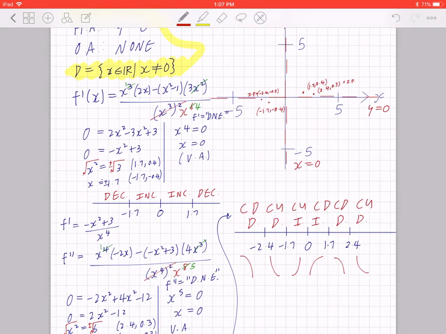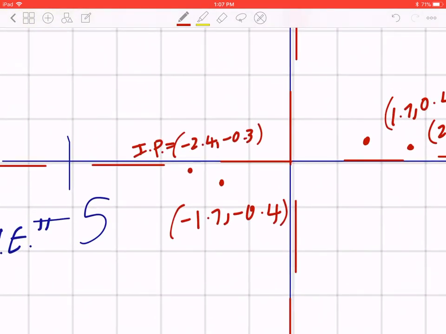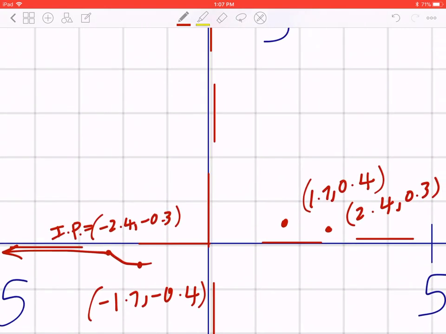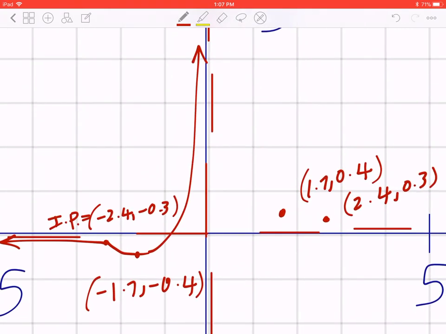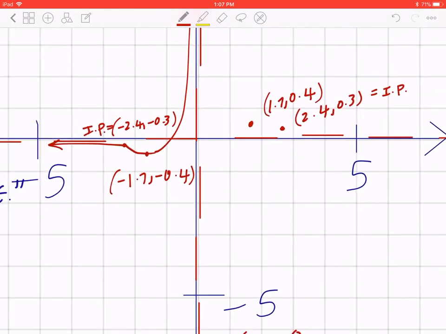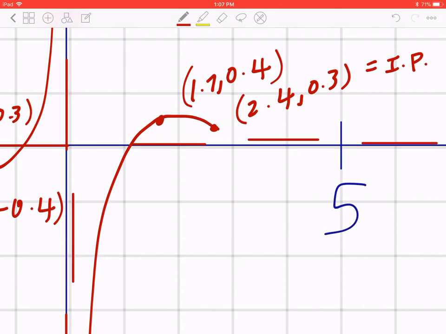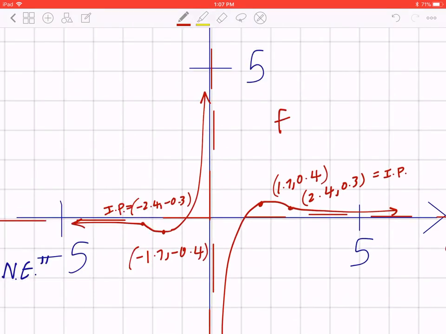Again, we're following all this idea. So roughly speaking, it's going to look something like that. Then it's going to be like that. And it's going to go straight up to the vertical asymptote. And because it's an odd function, you can almost even predict the second part that looks like that. Then it's going to continue concave down, concave up. And that's going to be the function f of x.